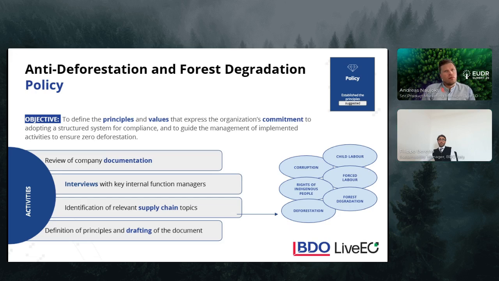So first of all, we must carry out an analysis of the company's asset documentation. We need to do this to understand what commitments the organization has made with respect to other sustainability topics.